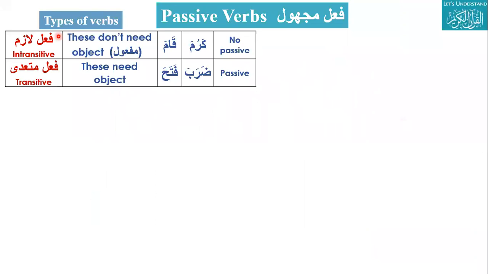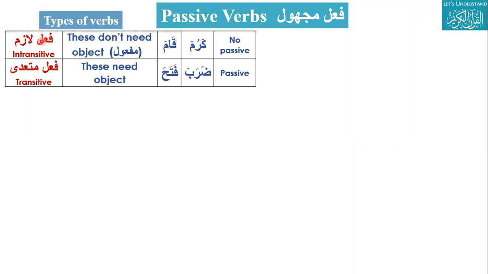So there are two kinds of verbs. One is called fail lazim. The other is called fail mutaaddi. Lazim is called intransitive and mutaaddi is transitive in English. So fail lazim and mutaaddi, you should know the difference. The lazams are those verbs that do not take maf'ul.